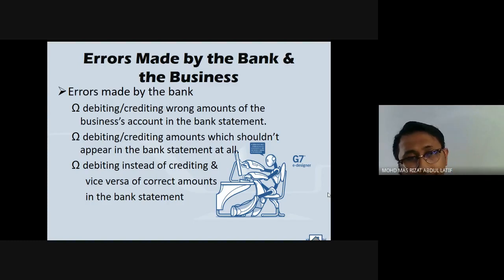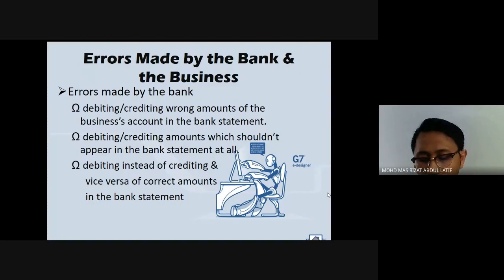Okay, kita tengok. The first one are errors made by the bank. So what are the errors made by the bank? The first one will be debiting or crediting wrong amounts of the business account in the bank statement. Bila dia buat debit and credit dekat dia punya bank statement, amountnya tersilap. Contohnya, kita tengok example 12.1 tu, you ada cash deposit 3rd March 6,000.